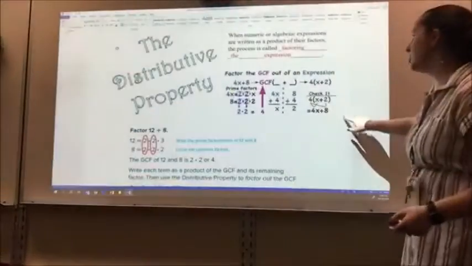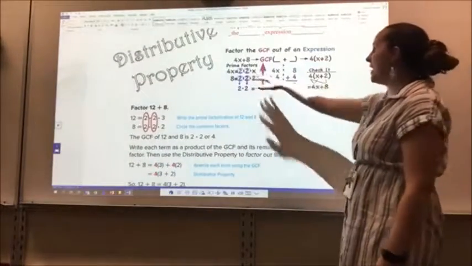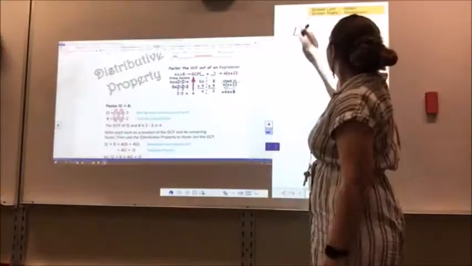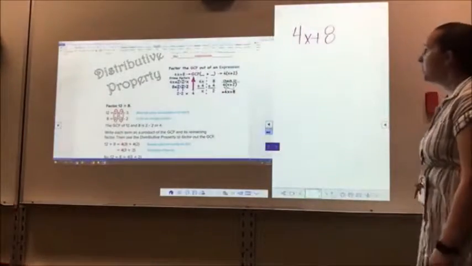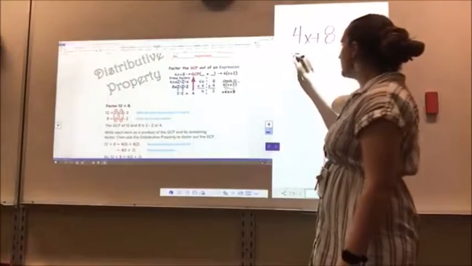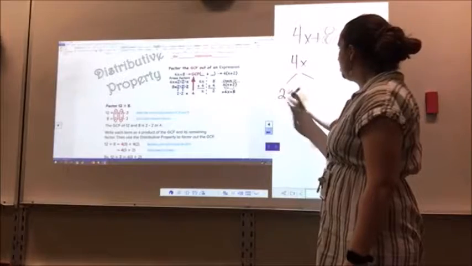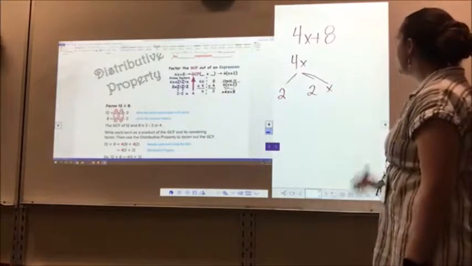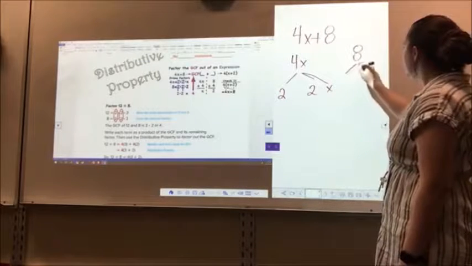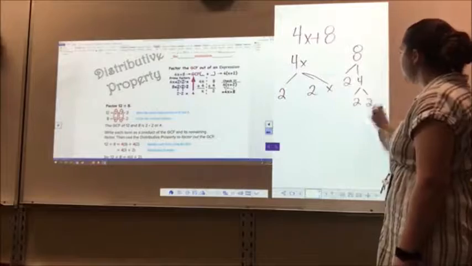So I can factor the GCF out of an expression. I have 4x plus 8. So I know that 4x is really 2 times 2 times x, and 8 is 2 times 4, which is 2 times 2 times 2.